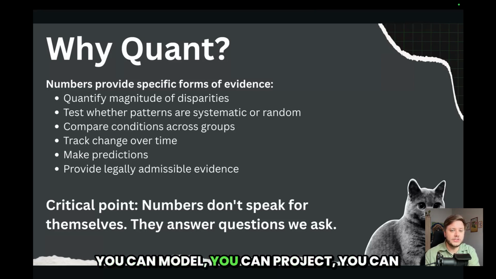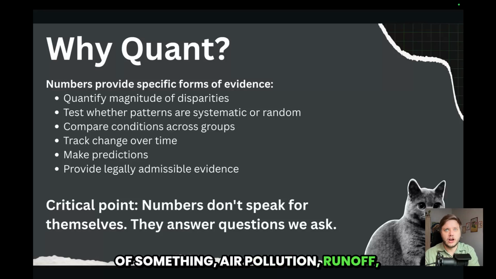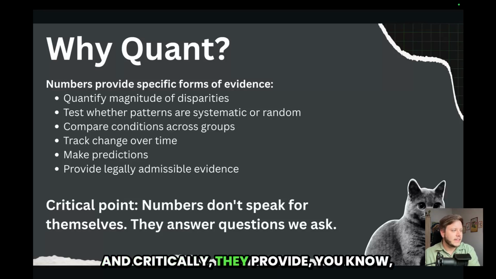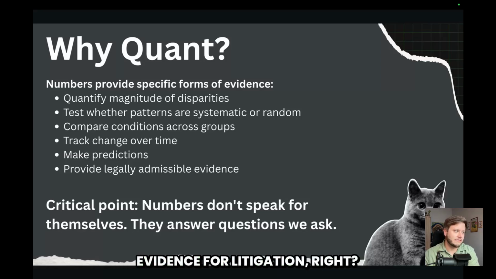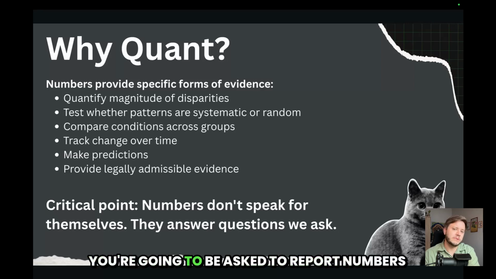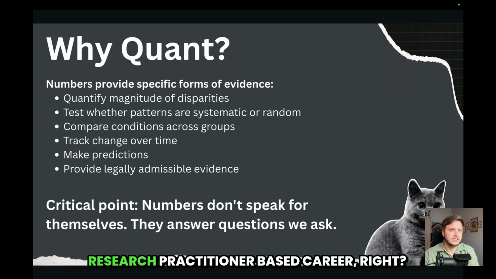You can model, you can project, you can test the reliability or the predictability of something: air pollution, runoff, agricultural waste. And critically, they provide what is the bedrock of legally admissible evidence for litigation, right? You're going to be asked to report numbers throughout your life in your professional research, practitioner-based career, right?